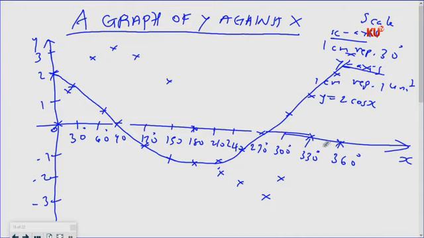I hope this one is negative 1.5. So negative 1.5. Then join and see what you will get. Just join and see what you will get.